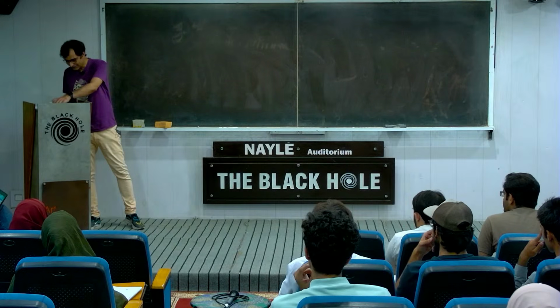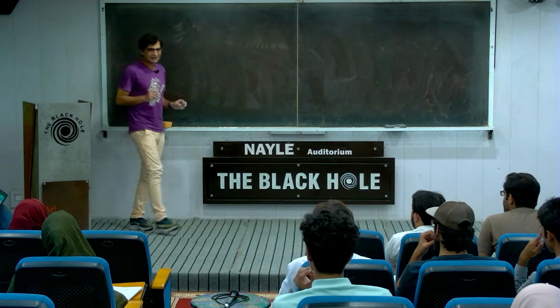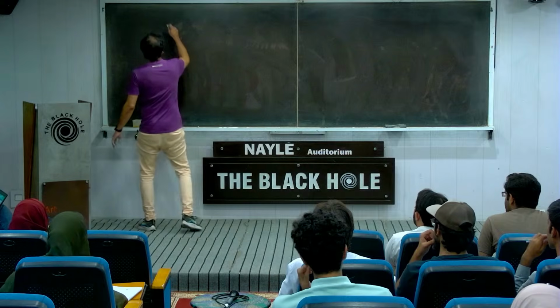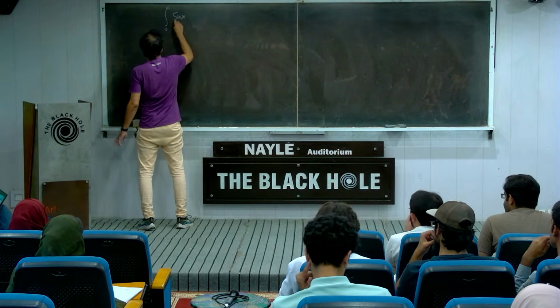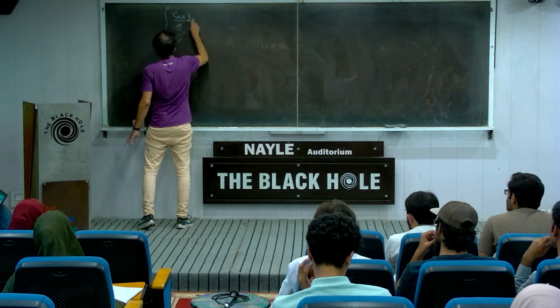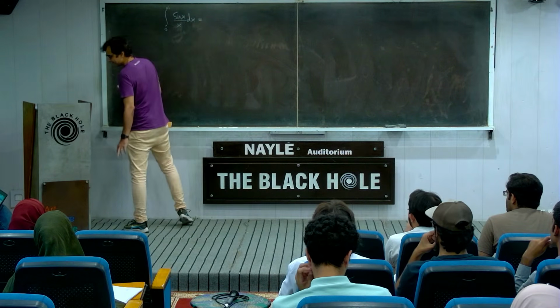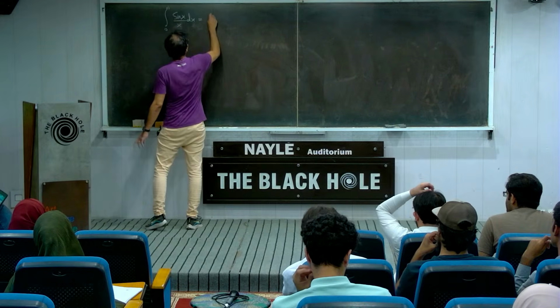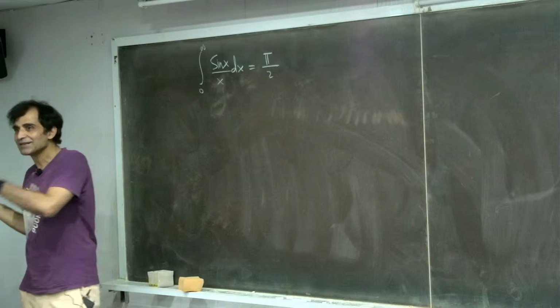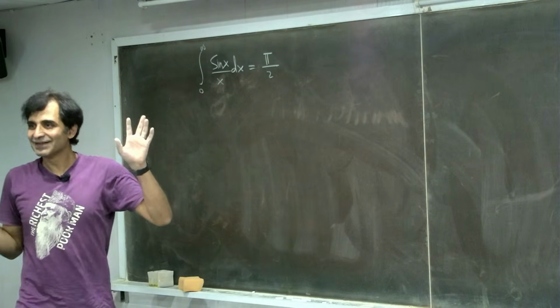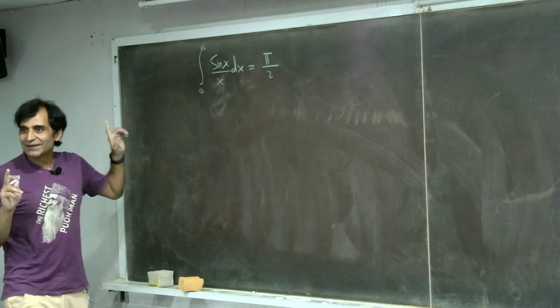So let me solve something, as I said, an integral like this one: 0 to infinity sine of x over x dx, and the answer is pi over 2. Remember, you take a modulus, sine mod becomes 1. Just look at the behavior of this integral.